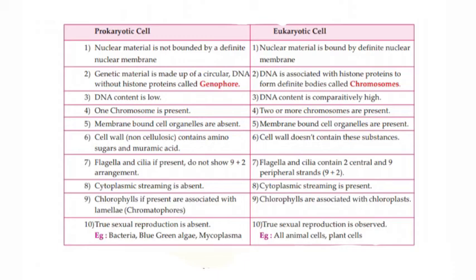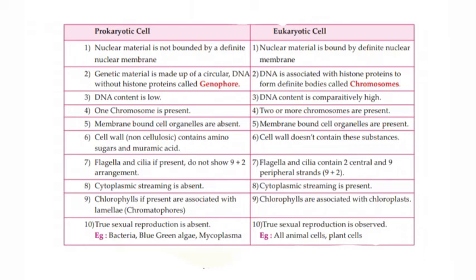In prokaryotic cells, if flagella and cilia are present, they do not show a 9+2 arrangement. But in eukaryotic cells, flagella and cilia contain 2 central and 9 peripheral strands, which is called the 9+2 arrangement. In prokaryotic cells, cytoplasmic streaming is absent. But in eukaryotic cells, cytoplasmic streaming is present.